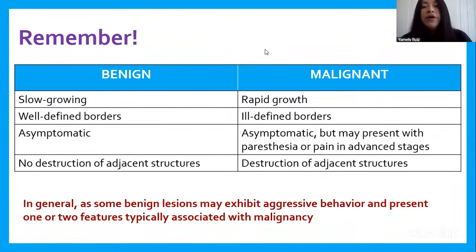In contrast, with malignant lesions, destruction of the adjacent tissue is a very common finding. But it is important to remember that these points are general because this is biology, it's not exactly science. So some benign lesions may exhibit aggressive behavior and present one or two features typically associated with malignancy. That is a very important characteristic.